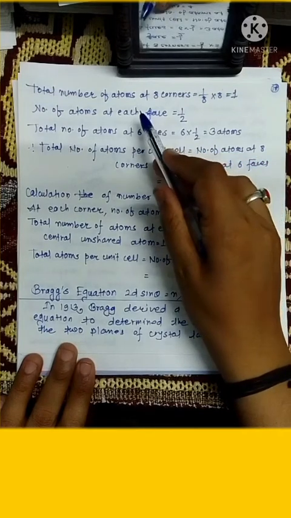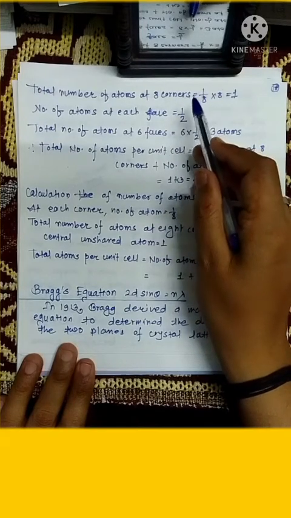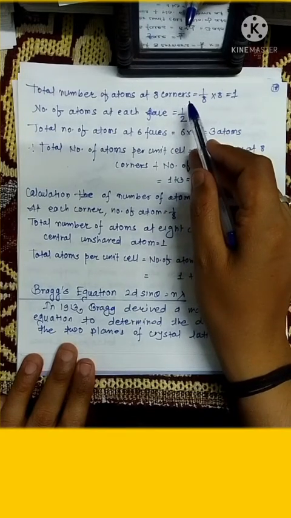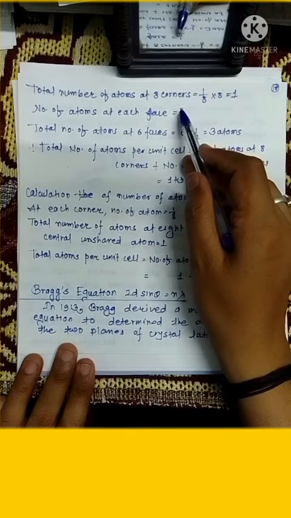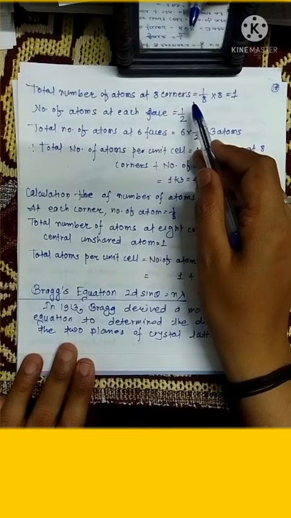Now in the face centered cubic unit cell we know that there are 6 faces of the cube, and at every face there is one atom present. So the one atom present on each face contributes 50% of the space occupied by the atom. Why is it 50%?